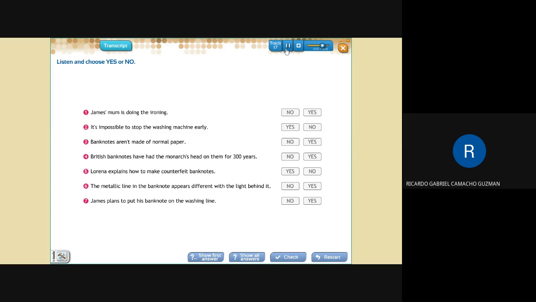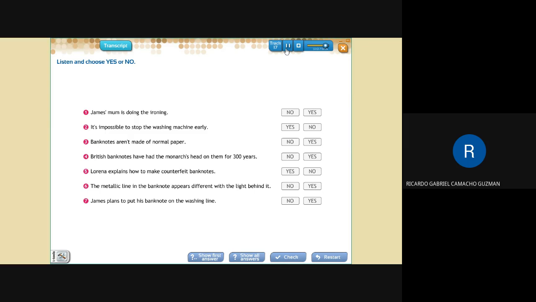Is it easy to print counterfeit notes? No, it isn't. For a start, the paper is made especially for the Bank of England. And then there are lots of things on a banknote that are difficult to copy. There's a special hologram on the front, and there's also a metallic line inside the banknote.